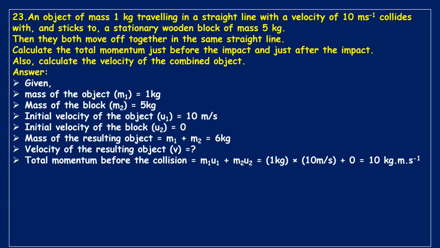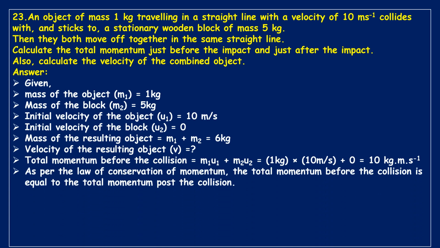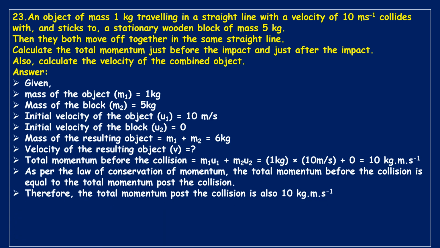Now the total momentum before collision was 10 kg meter per second. Now as per the law of conservation of momentum, the total momentum before the collision is equal to the total momentum after the collision, right? We know that very well. Therefore, the total momentum after the collision is also 10 kg meter per second.